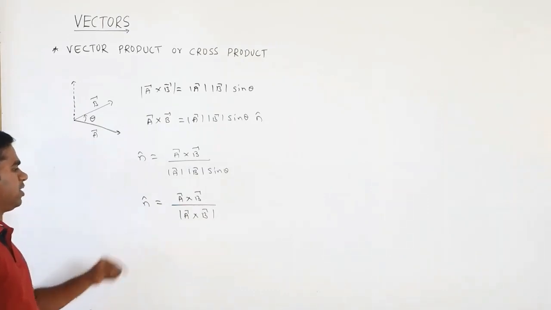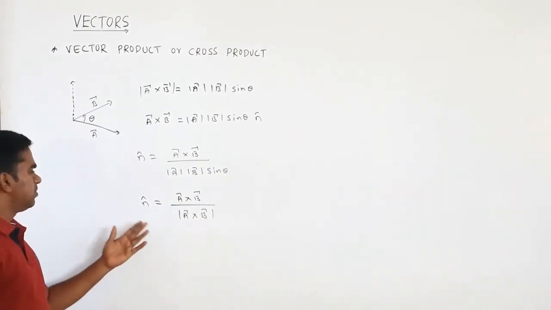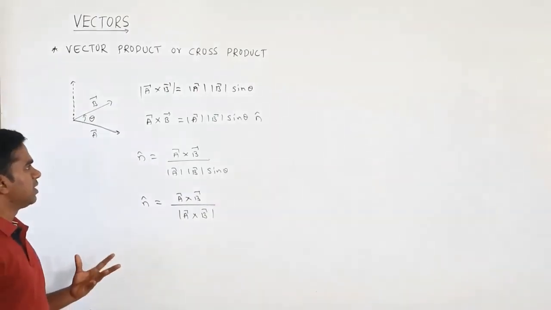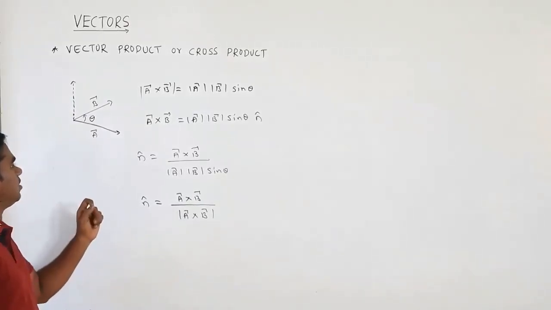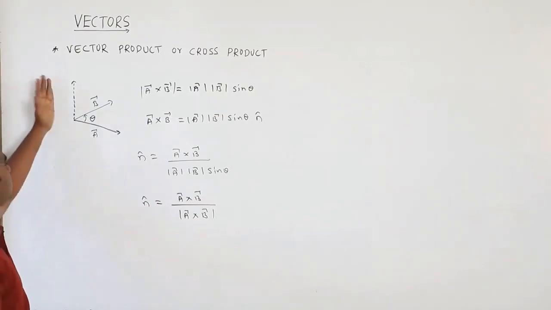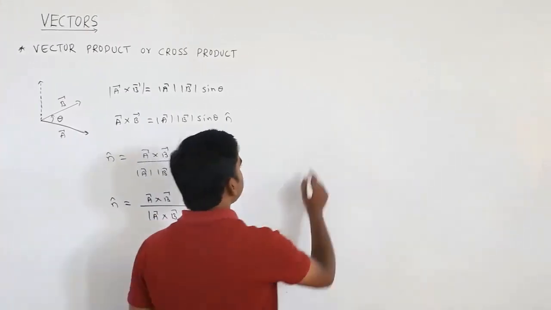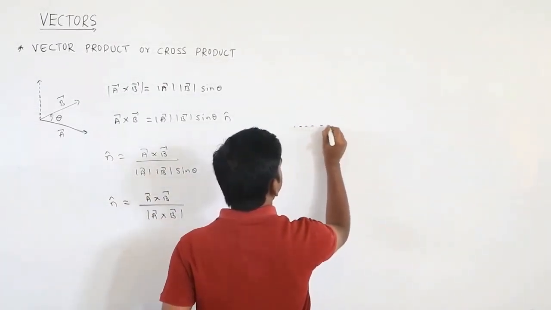Very important. This is what we can do mathematically, but sometimes we may struggle here. In general, how can we come to know the direction of the result, whether it is moving upward or downward? Suppose you have an xy plane over here.